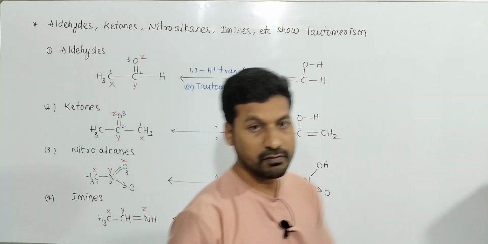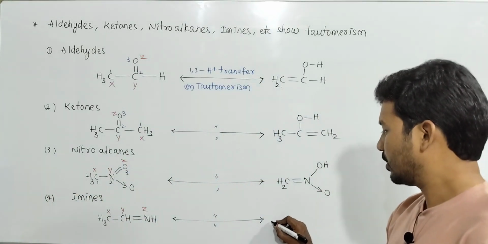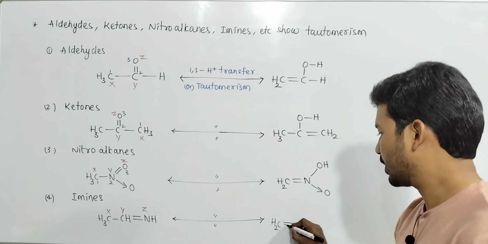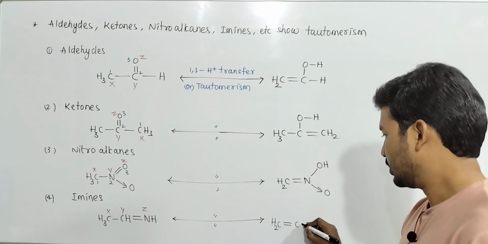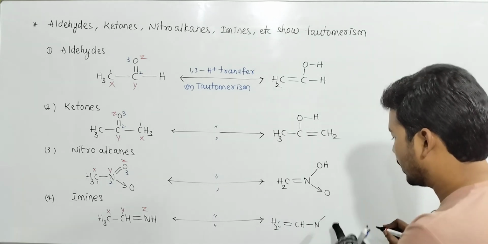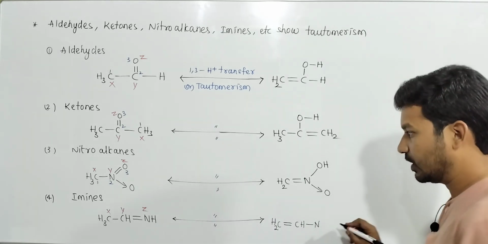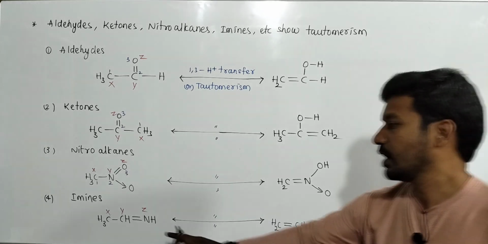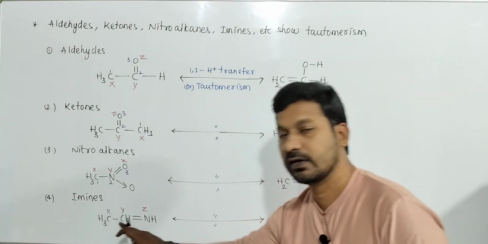So by the tautomerism, what will we get? Here CH3 becomes CH2, it becomes a double bond. CH becomes a single bond, and NH becomes NH2 by the transfer of proton. So hydrogen comes here, and the double bond shifts to there.